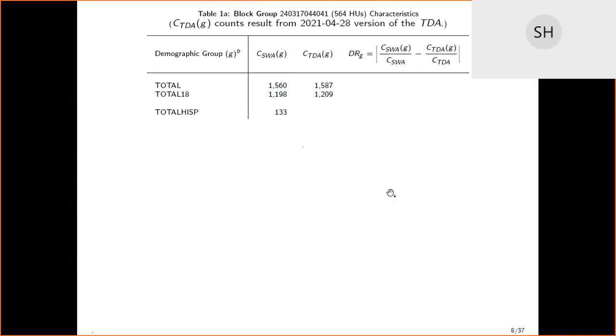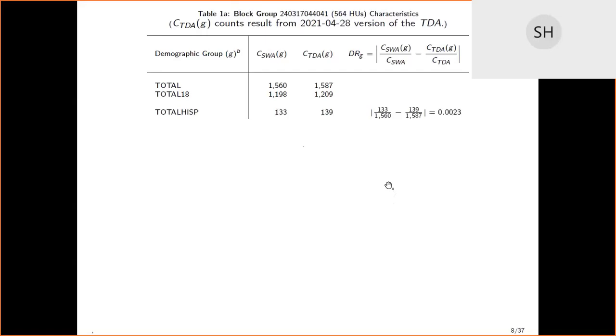So if we look at some of the demographic groups inside my block group, the total Hispanic count from swapping is 133. The corresponding count from the latest version of the top-down algorithm, 139.